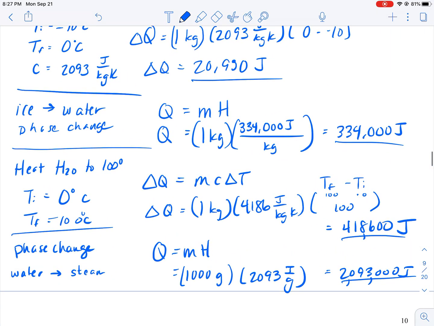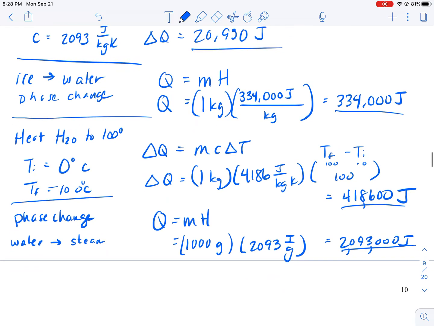Okay, so to answer the question of how much energy it takes, I have to add all 4 of these things up. 20,930 plus 334,000 plus 418,600 plus 2,258,000.